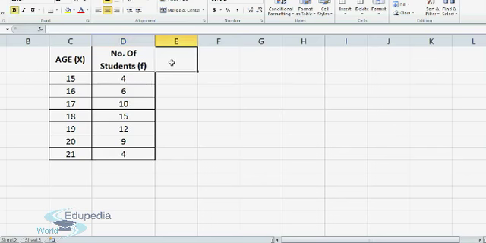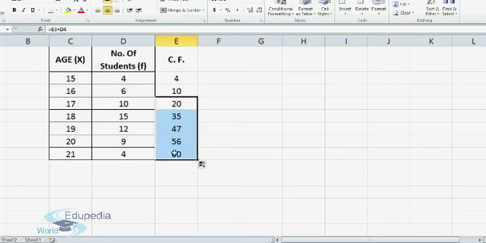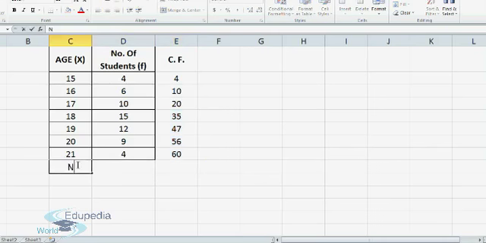Exactly, we first need to find the cumulative frequency here. So let's continue in the same way, and yeah, so the total is n equals 60.